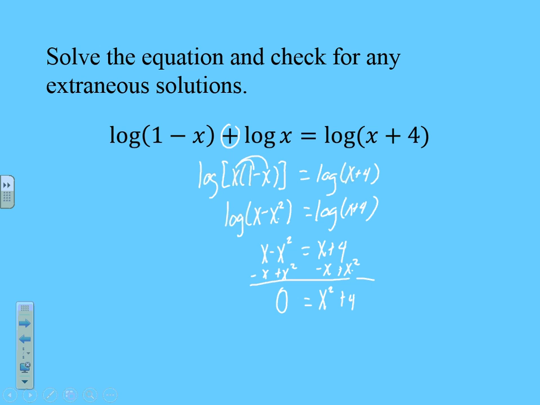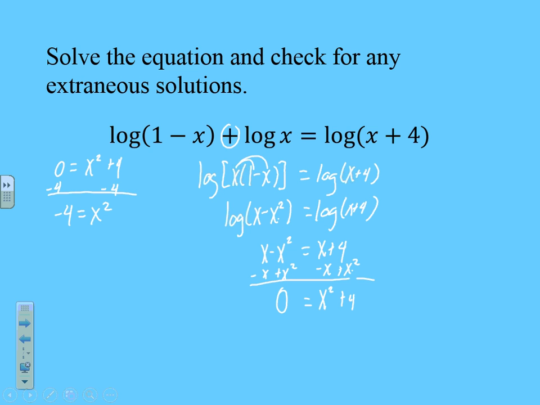Okay, so again, I'm going to come up here to the left side of the screen where I have a little more room. So I have 0 is equal to x squared plus 4. Okay, well, let's solve this one for x. Because I don't have an x term by itself, like that middle term that's x, I'm going to move the 4 over through subtraction, and I will get negative 4 is equal to x squared. And I think you can see what's going to happen here.